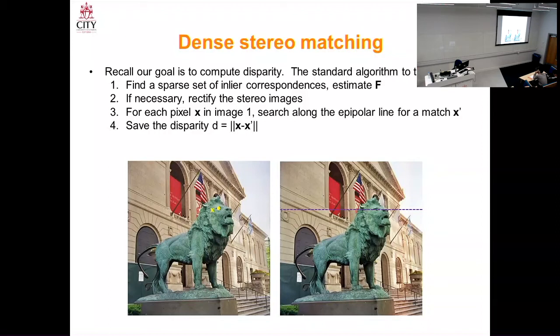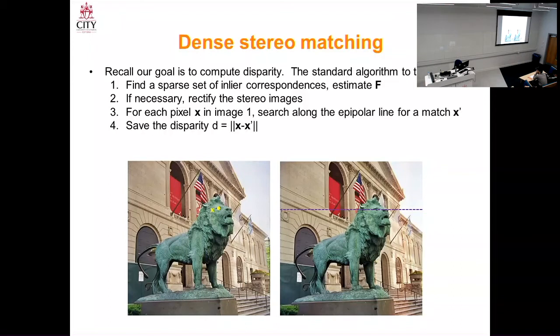Okay. So to do that, the standard algorithm is like this, where you start off with a point in the left image. You know the epipolar line, and it's rectified, so that line is horizontal. Then you're going to step along this line and compare the pixels to look for a match.